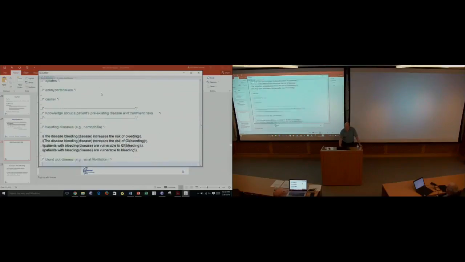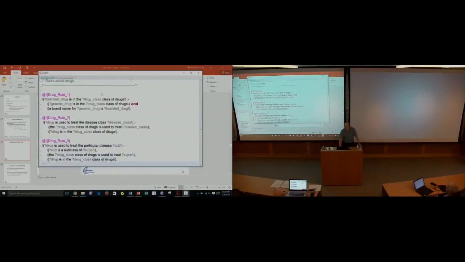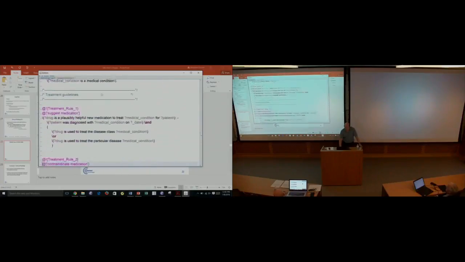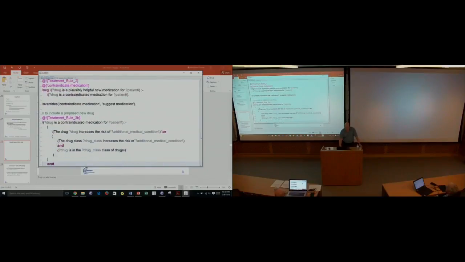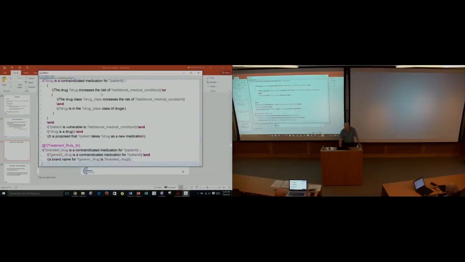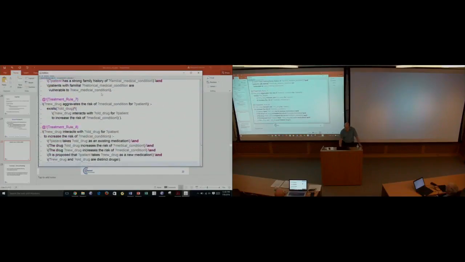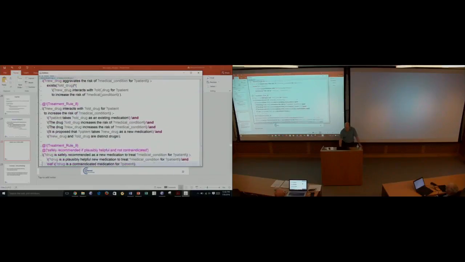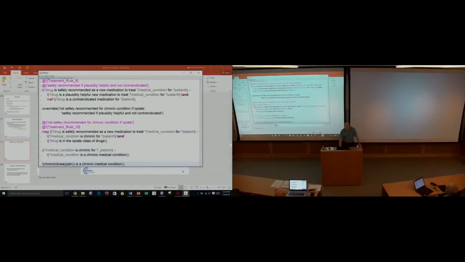Then there are rules about treatment guidelines, about contraindication. These start to get more complex. You have more conditions and ands and ors in them. You can have rules about vulnerability, aggravation of risk, drug interactions, when a drug is safely recommended, defeasibility, having override exception cases.